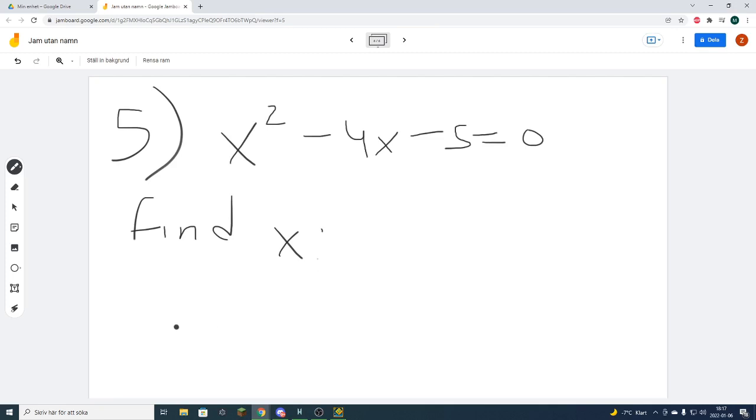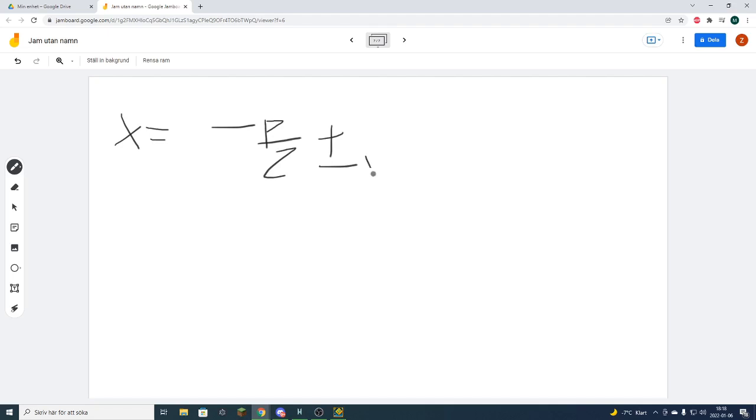I think it's different in some countries, but we learn that wherever we have x squared plus px plus q is equal to 0, then it follows that x is equal to negative p over 2 plus or minus the square root of p over 2 squared minus q.